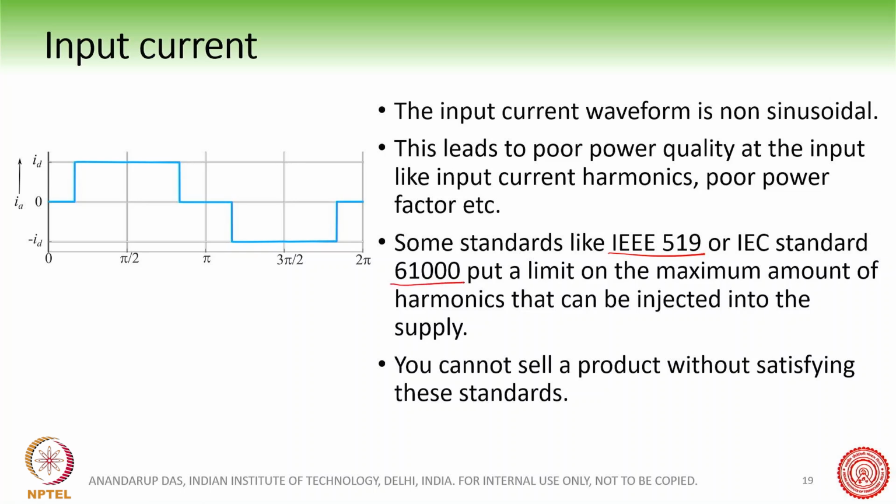They will not allow such a current to be taken from the grid, or in other words you cannot inject such a harmonic current into the grid from your converter or equipment. Grids will follow this standard and will not allow you to connect equipment that draws such a current. So this type of current waveform is definitely not allowed by the grid.